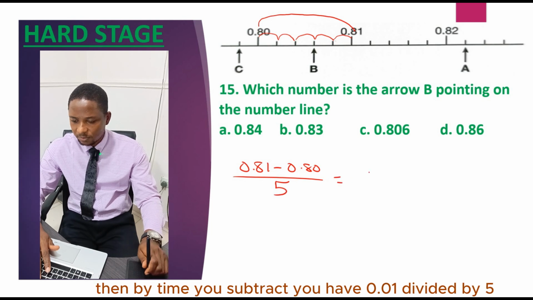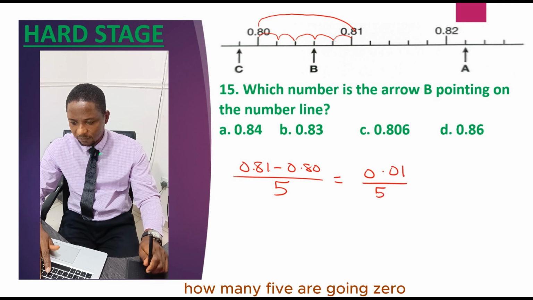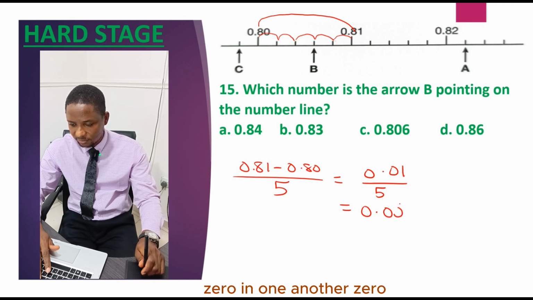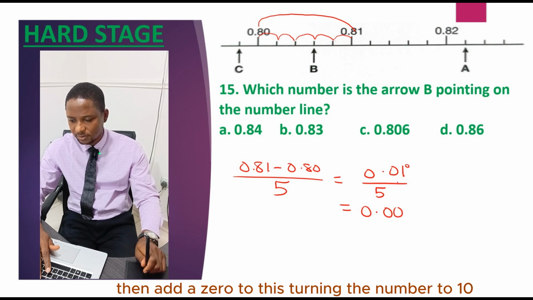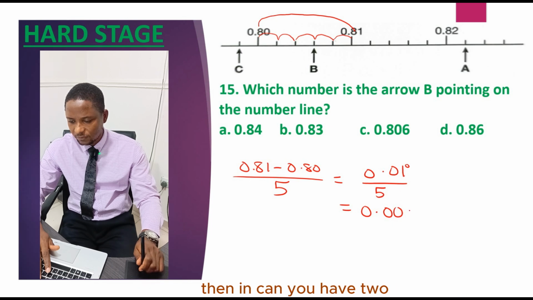Then by the time you subtract, you have 0.01 divided by 5. How many 5 can go in 0? You have 0, in another 0, 0, in 1, another 0. Then add a 0 to this, turning the number to 10. Then in 10 you have 2.